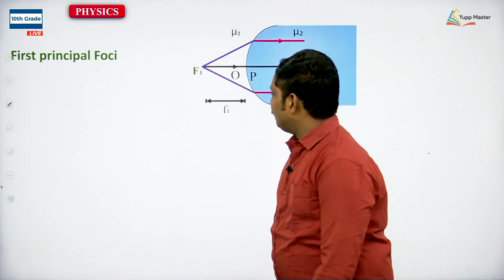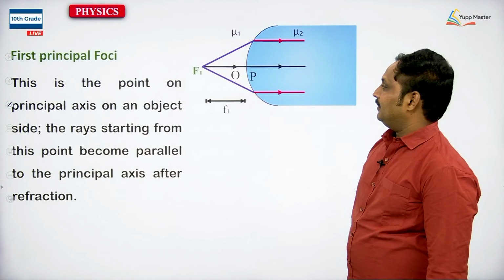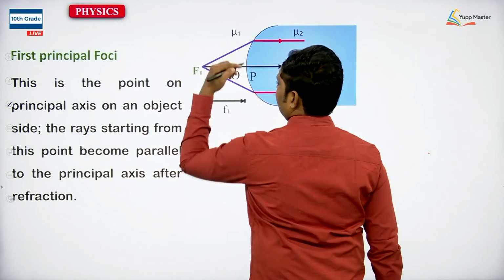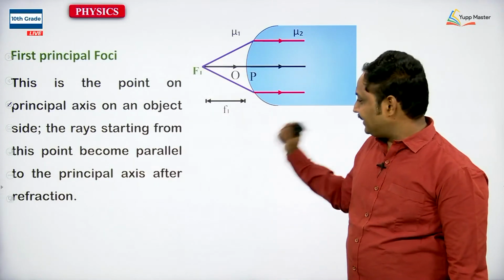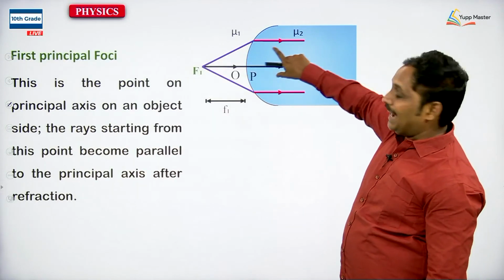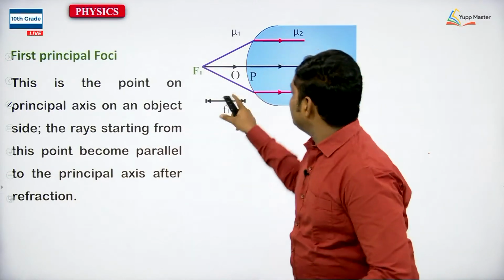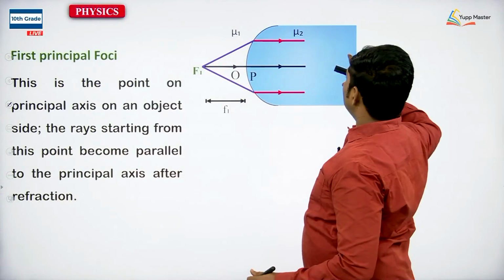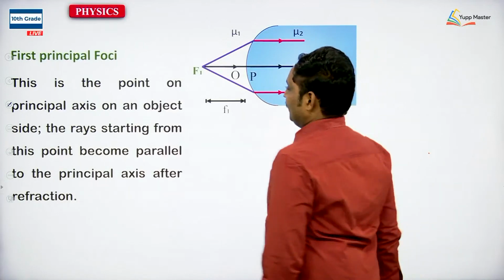So, the first principal focus is also very clear. It is a point, that is F1. The rays start from that point and become parallel lines. They originate at one point and after that they become parallel.